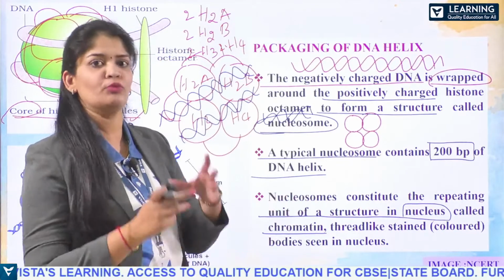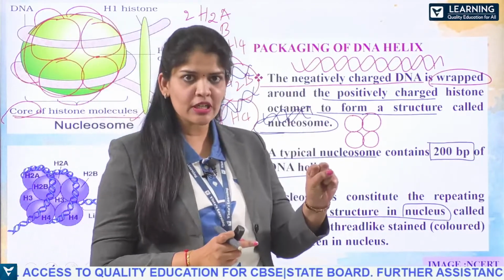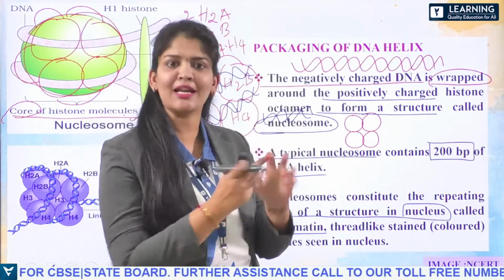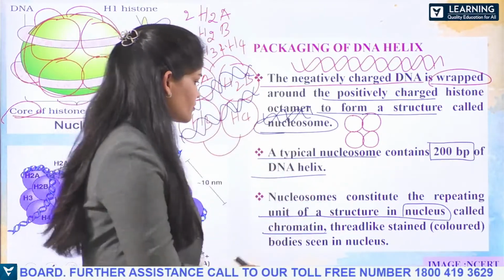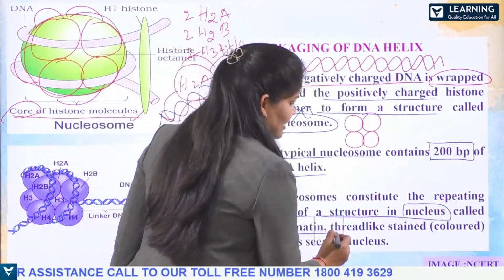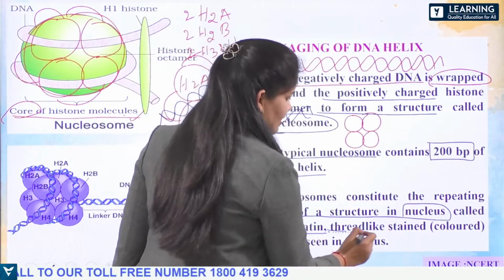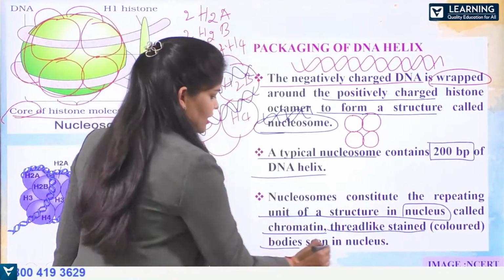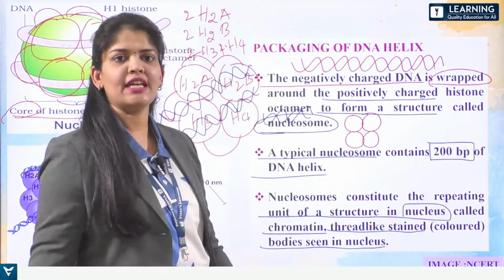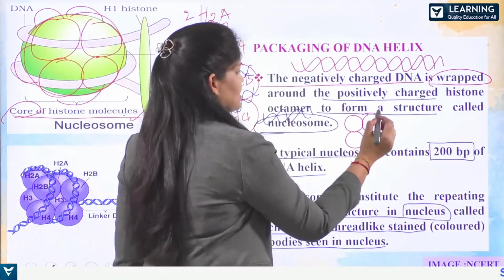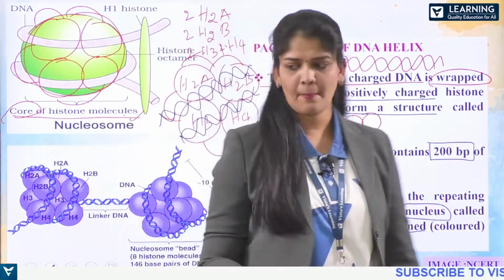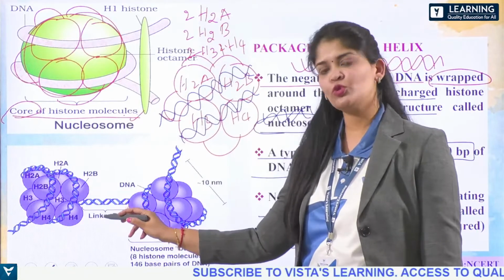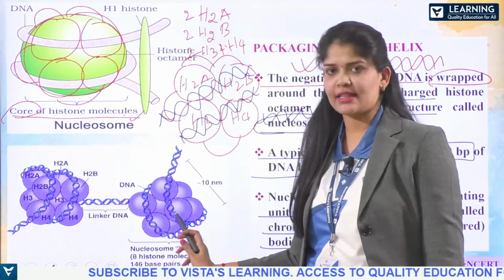What is a nucleosome? A nucleosome contains the octamer, the core of histone molecules, as well as DNA wrapped around it, right? This will be seen as thread-like stained, that means colored, bodies in the nucleus. So this is one nucleosome, and here in this picture we have 2 nucleosomes. This is one nucleosome and this is another nucleosome.